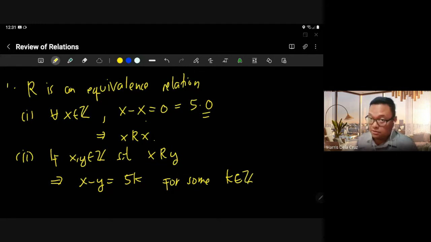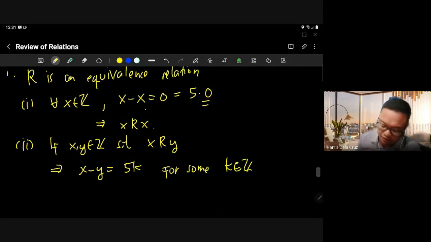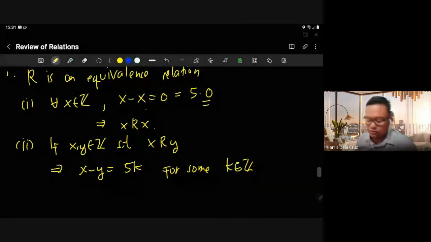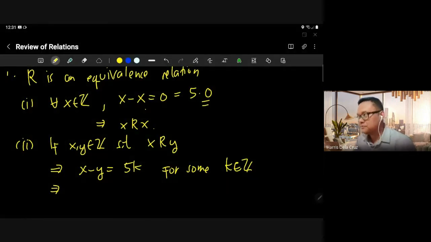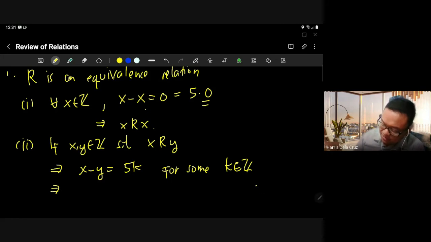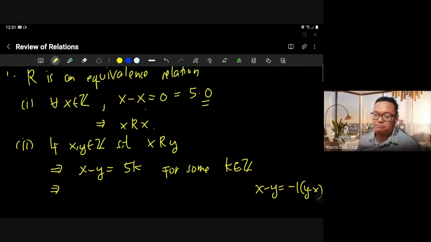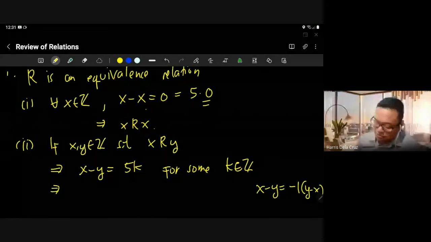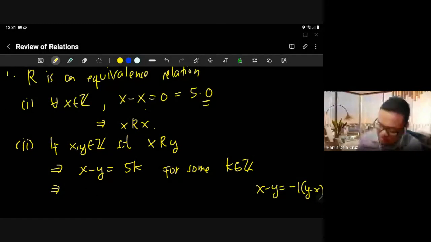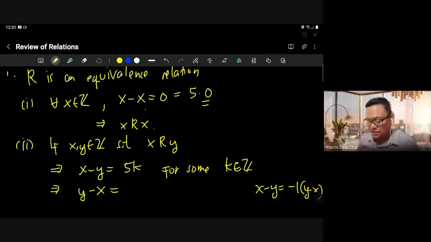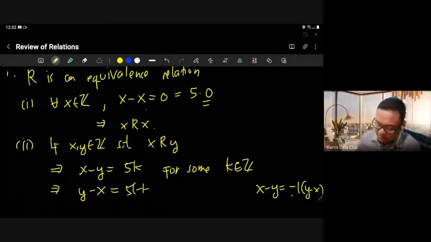But by the property of subtraction, when you have x minus y, it can be written as negative 1 times y minus x. I just factored out the negative. Then this x minus y can be written as y minus x equals, move the negative 1 to the other side, so 5 times negative k.